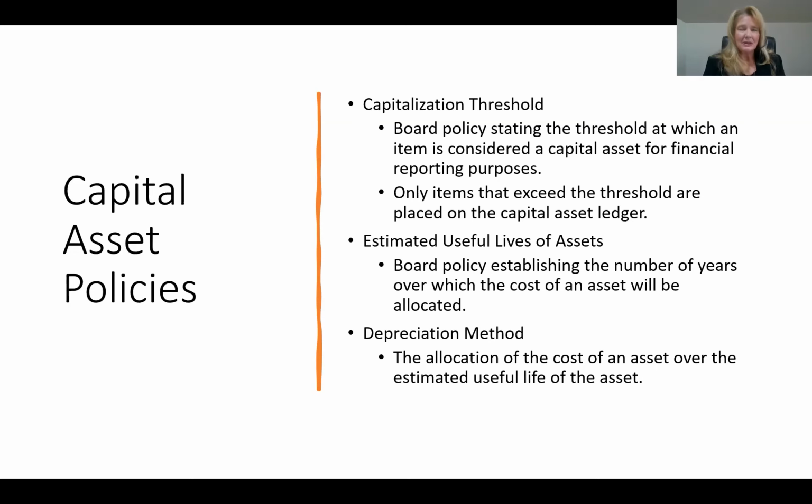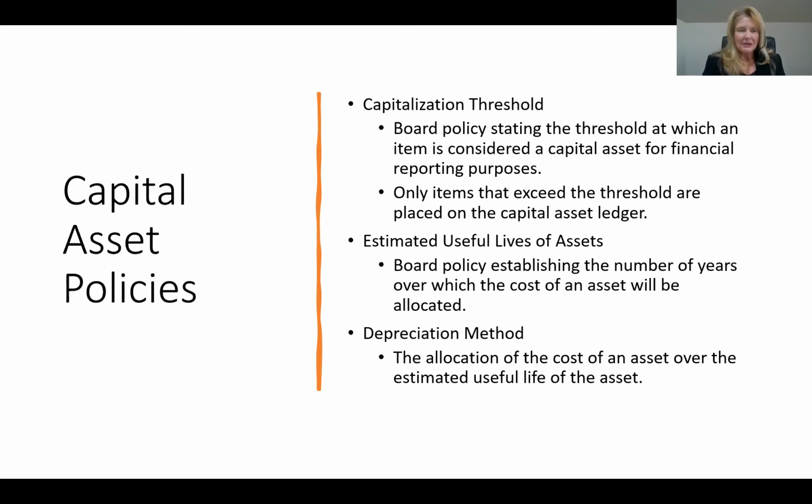If you purchase a laptop that's only a few $100s and that doesn't exceed the threshold, you don't need to put that on your capital asset ledger. Now, that doesn't mean that you don't go ahead and account for that laptop in some manner. It just means that for financial reporting purposes, it's not on the financial statements listed as a capital asset.